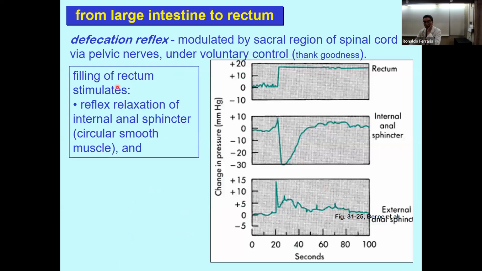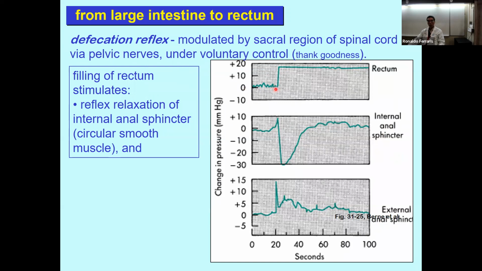So this is your defecation reflex. This is a graph of mercury pressure, the change in pressure. This is your rectum. This is your external anal sphincter, your internal anal sphincter. So you have a mass movement, and in that mass movement your rectum fills up.